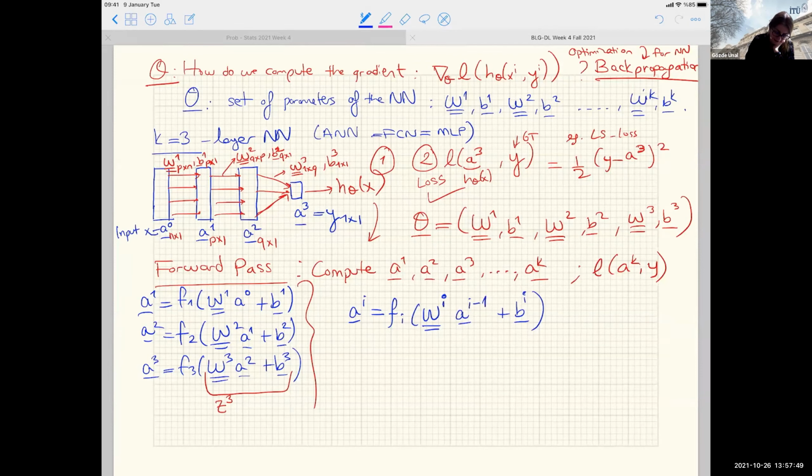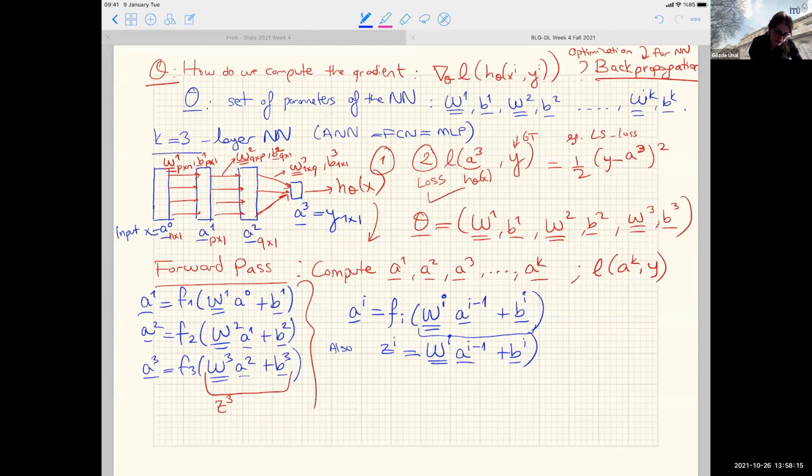And of course, we have in parentheses Zi, which is the inside of the parentheses, A(i minus 1) plus Bi. I'm writing these openly because these are the things that I will take my gradients on.